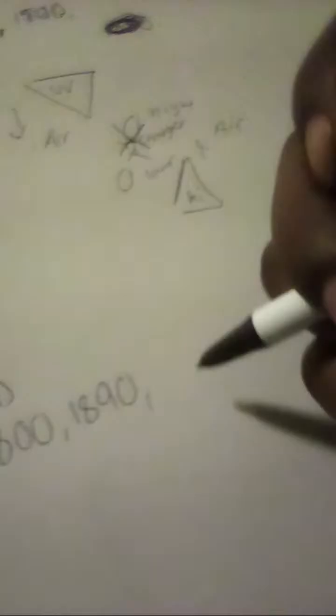So you have your 1890, then you have your 20. Oh shit. So I was saying something wrong, but I'm still right. So, all right, so you have your 1890, your 20.